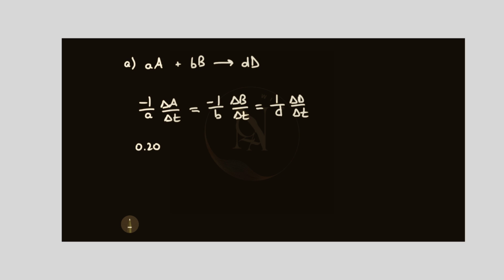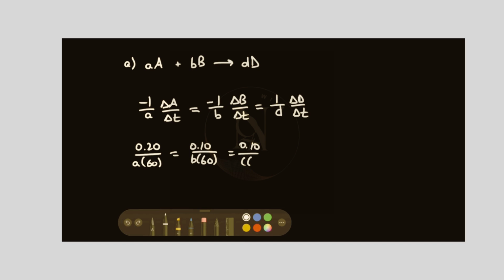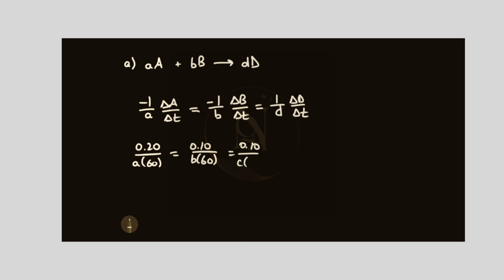So this will be 0.20 A over 60 is equal to 0.10 B over 60 is equal to 0.10 C over 60.